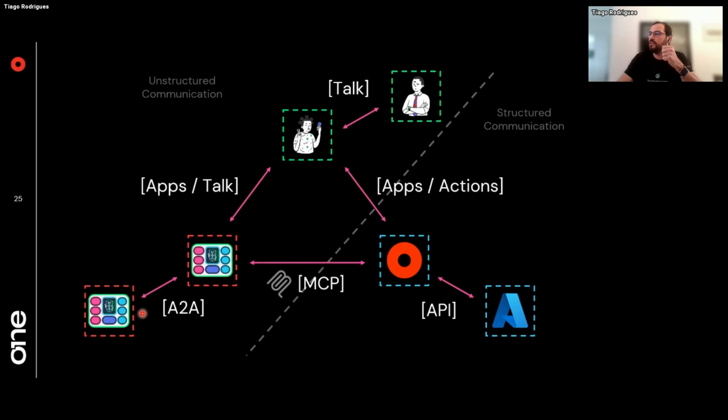So the A2A protocol, if you go to the A2A website where it has the specification, you will see that the specification might seem similar to MCP because it also uses the JSON-RPC way of putting the JSON information. But you will see that the information, or the way to put information inside the different API calls, is really different.